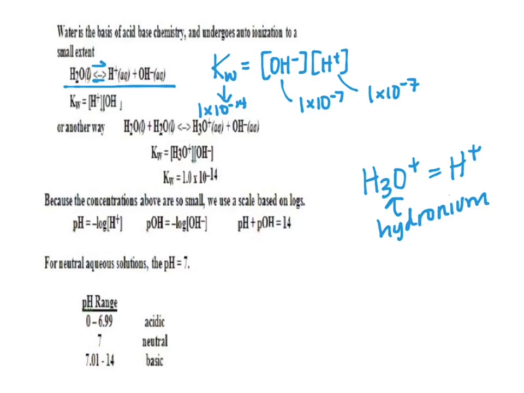So if we wanted to find the concentrations, we would use the P for pH or pOH, which stands for negative log.